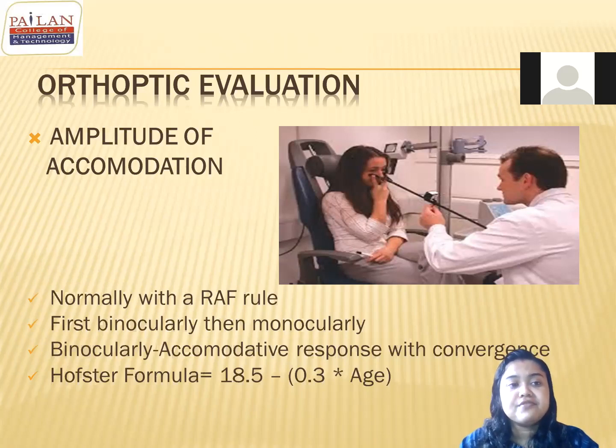It is 18.5 minus 0.3 into age. 0.3 into age means 0.3 into 10, the child's age being 10 years. So 0.3 into 10 is 3. So the amplitude of accommodation should be 18.5 minus 3, that means it should be around 15.5.